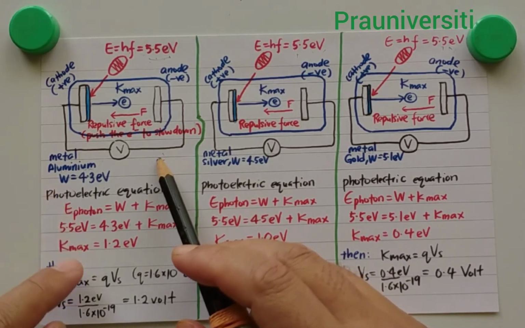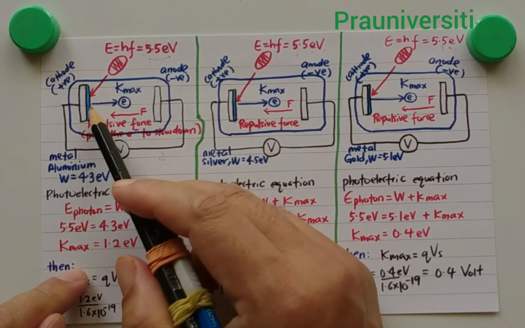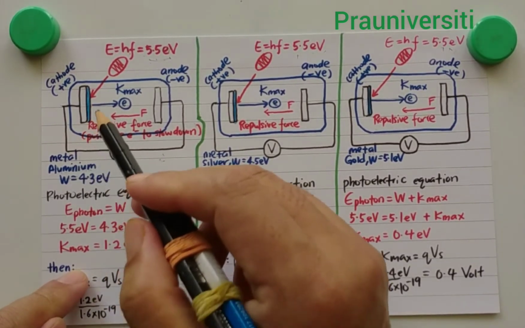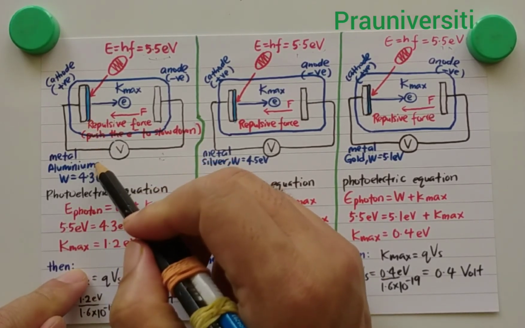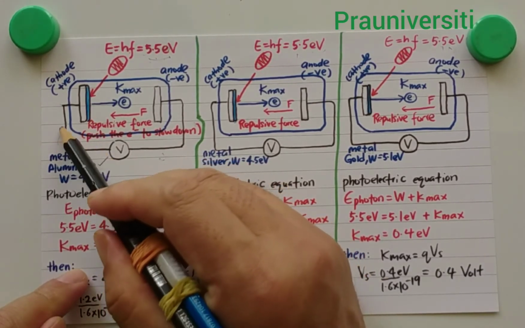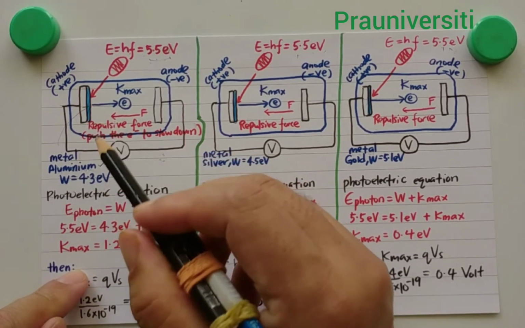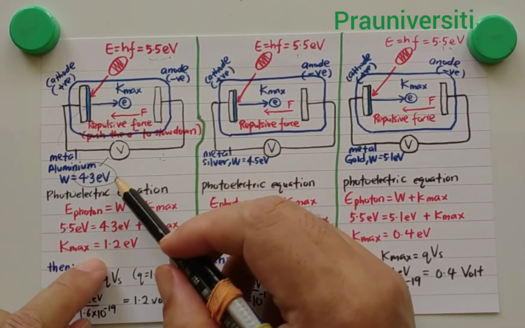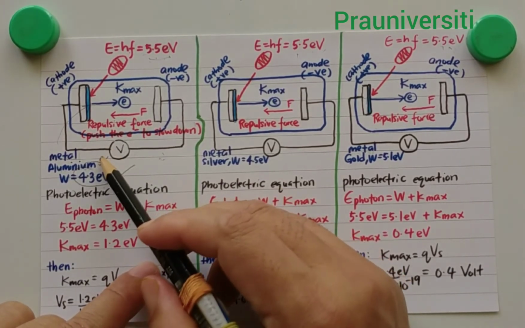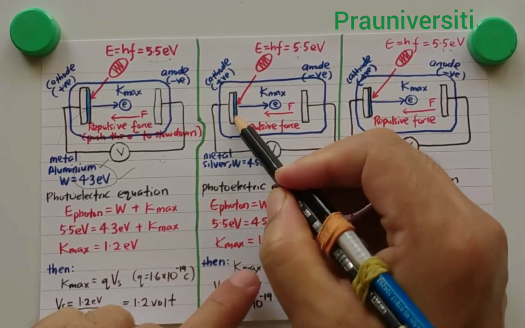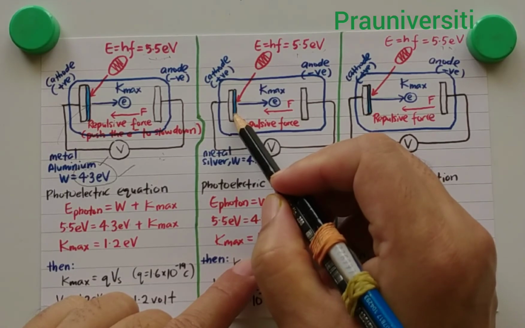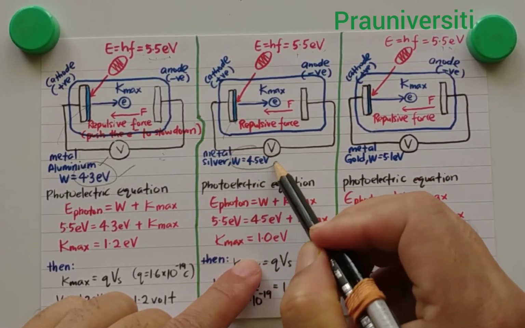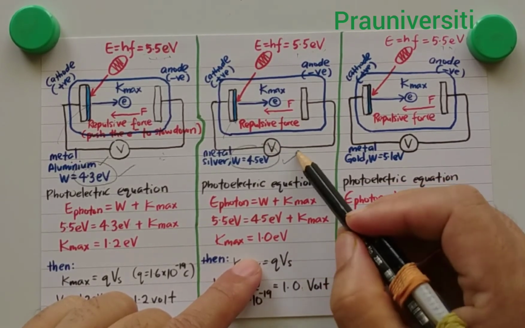What we can see here is that we use different materials as the cathode. In this case we are using the metal aluminium as the cathode, and the work function for aluminium is 4.3 electron volts. Then we change to silver, whose work function is 4.5 electron volts.